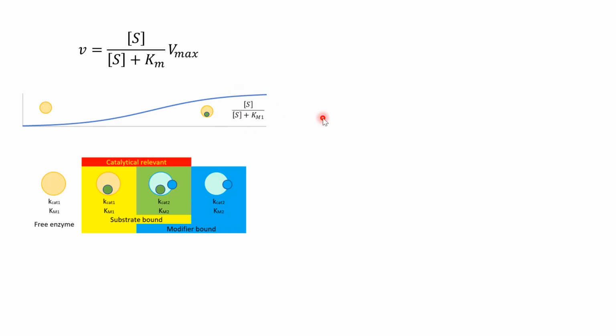So when you think about adding a modifier, either an inhibitor or an activator, to the situation, you then have 4 different forms the enzyme can be found in the most basic model.